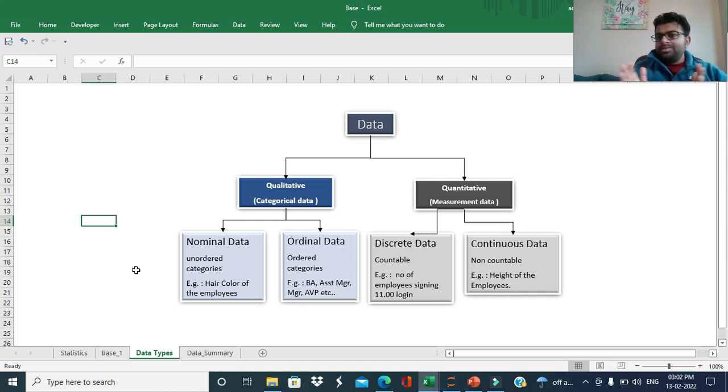Why are these variable segregations important? Because they define the type of analysis that you want to do, right? For example, if you have continuous variables, you are more concerned with analyzing central tendencies like mean, median, mode, and standard deviation.